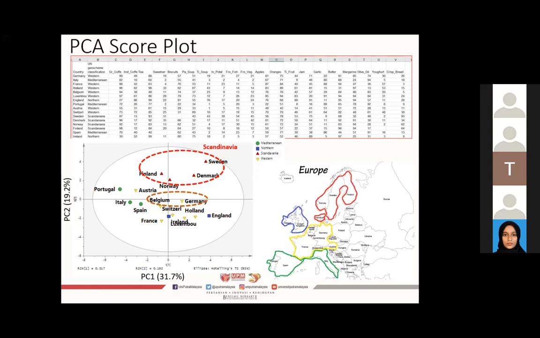There is no clear separation between Northern and Western Europe. The Mediterranean countries are located together in the bottom left corner. The geographic location seems to influence the food consumption pattern, especially between Scandinavia and the Mediterranean.